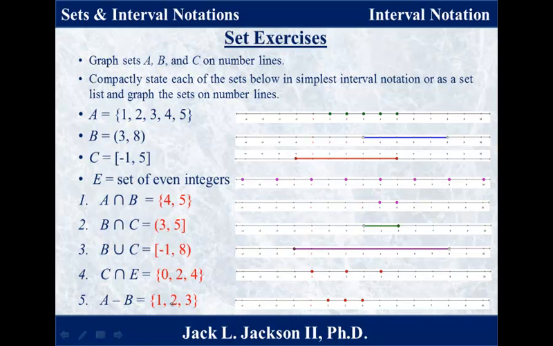And then if we do A, take away B. So we start with A, these 5 dots, and we erase anything that's in the blue. So we start erasing across here, and we end up erasing that dot, that dot. We don't erase that dot because it's not part of B. So we end up keeping the 1, 2, and the 3, and so we end up with just 3 dots on our graph.